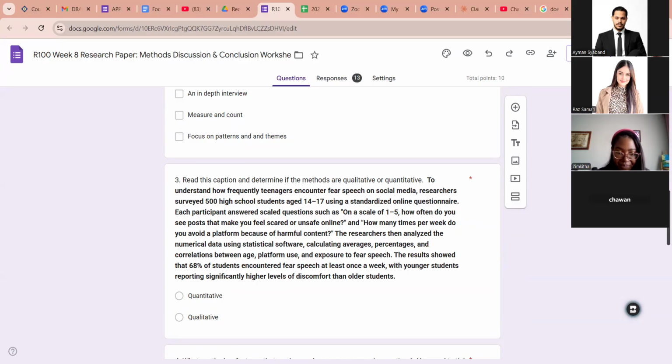Raz. Actually, it's quantitative because there are numbers and the statistics and the large numbers. Mm-hmm. What is the clue that it was a large number? Because it said the students over the... let me find it.